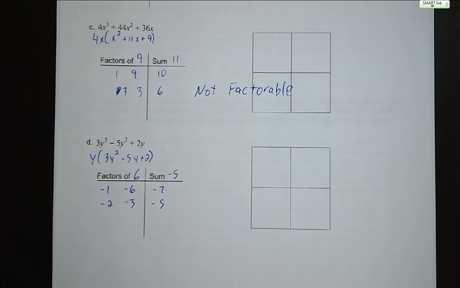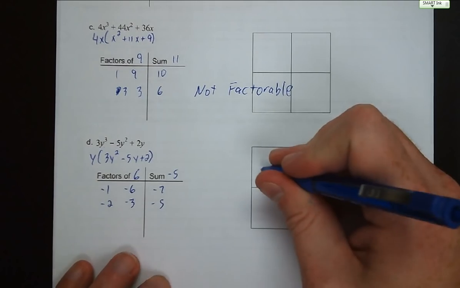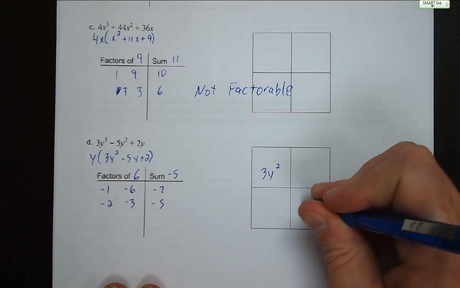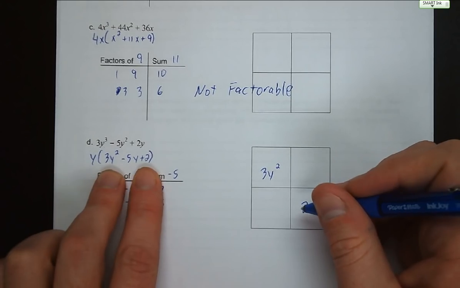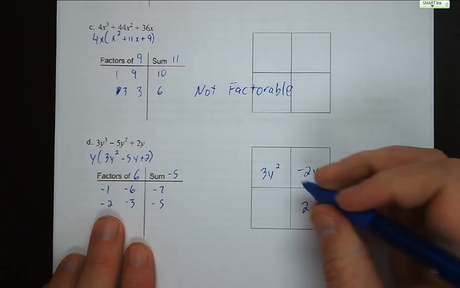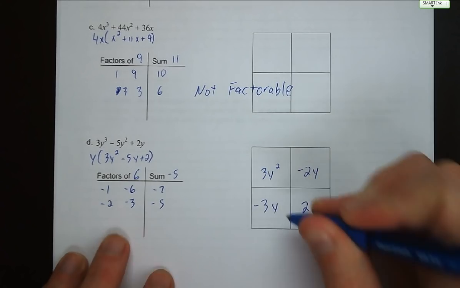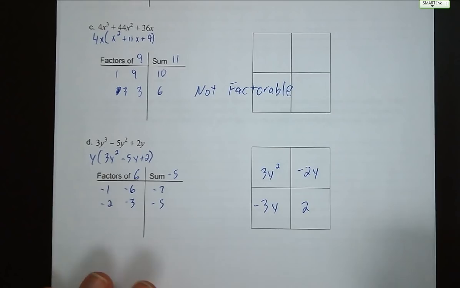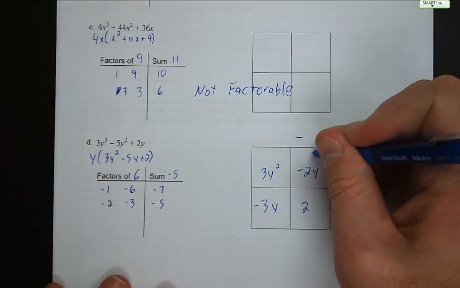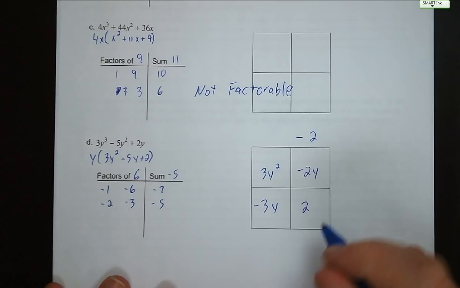So now we can factor. So we have 3y squared, we have 2. These are coming from our equation. And we've got negative 2y, negative 3y, and now we can factor. So common factors here, bring out the negative sign because it's right there, and we have a negative 2.